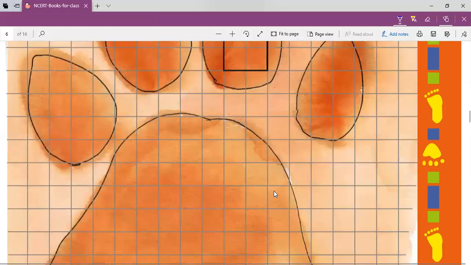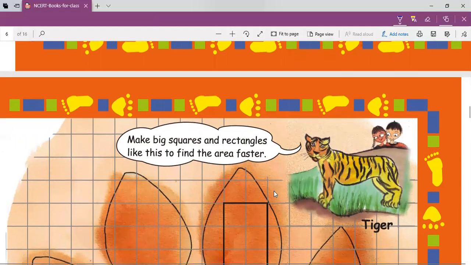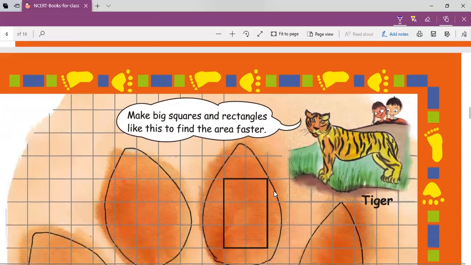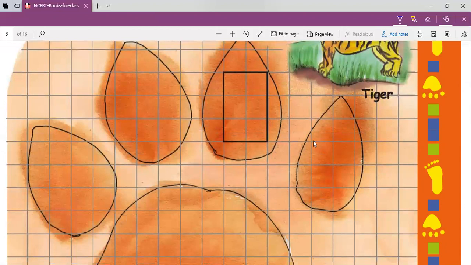So instead of counting all the squares, you can draw a rectangle or a square. See, like this. Like this square, 2 by 2 will be its area.